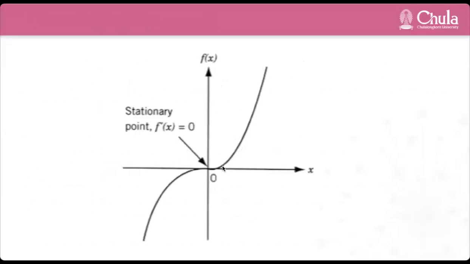Or this one, you see that in this range we have a point where the derivative is zero. When x is zero, the derivative is zero. But this function has no local minimum or local maximum, right?